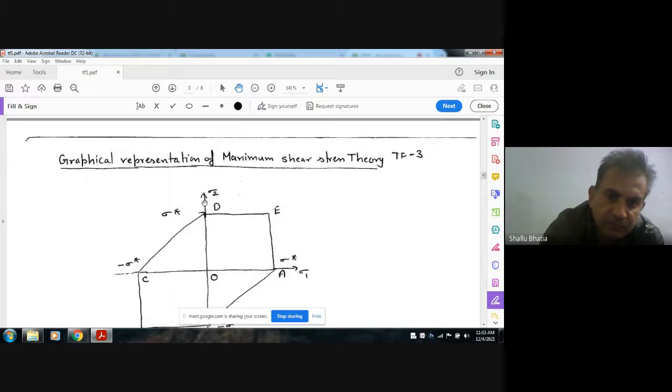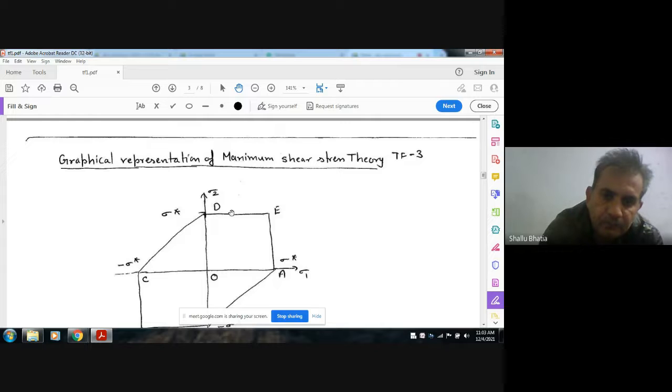Now if sigma 2 is the maximum principal stress, and sigma 1 is the other positive principal stress, but it is less than sigma 2, then the minimum principal stress will be 0, okay. So in this case, if we consider this as the maximum principal stress, the maximum shear stress will be sigma 2 by 2, okay, sigma 2 by 2.